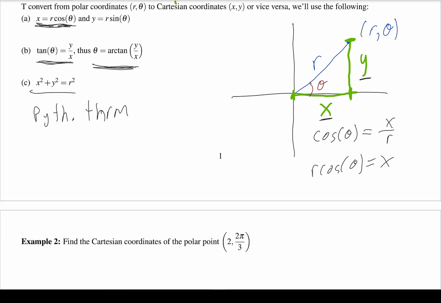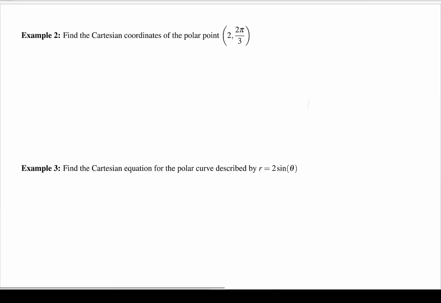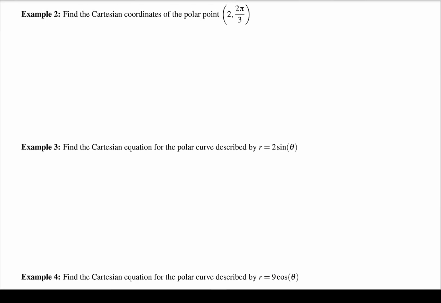Okay, so let's look at example 2. Here I have an r, theta point, and I want to find the x, y equivalent. So we have r equals 2, and theta equals 2π/3. So one of our identities is that r cosine theta is equal to x.